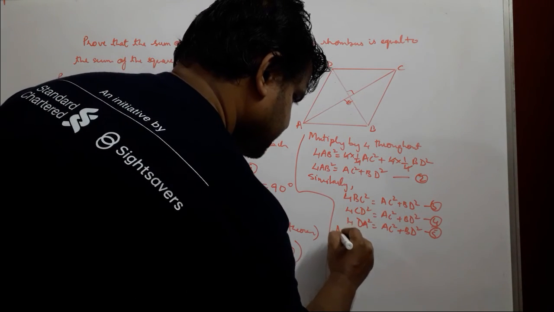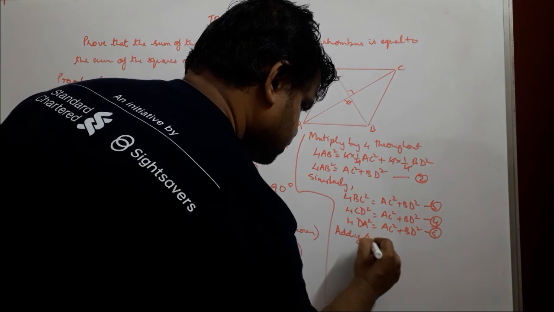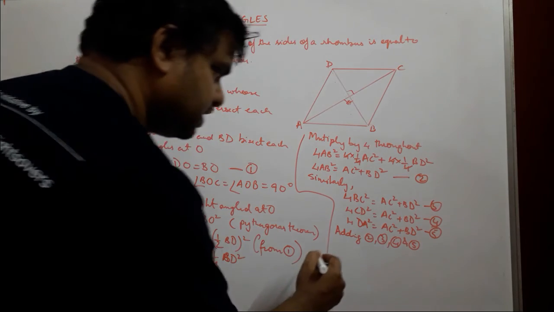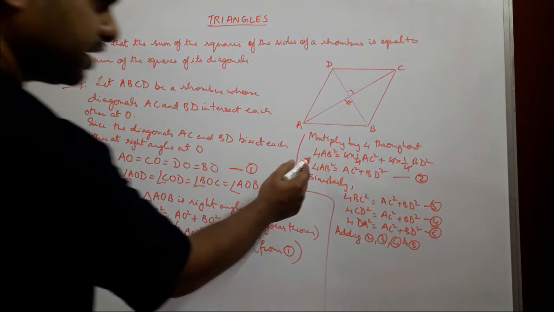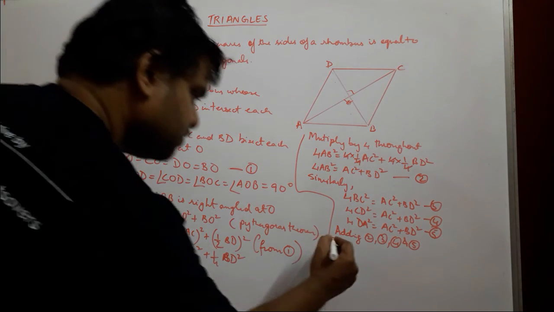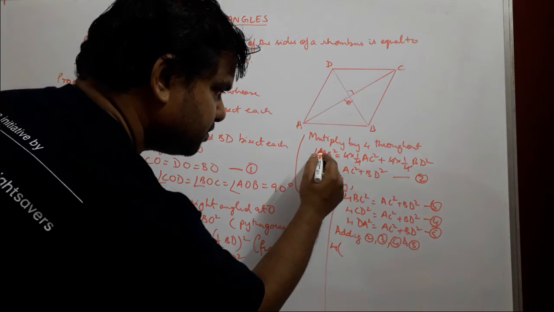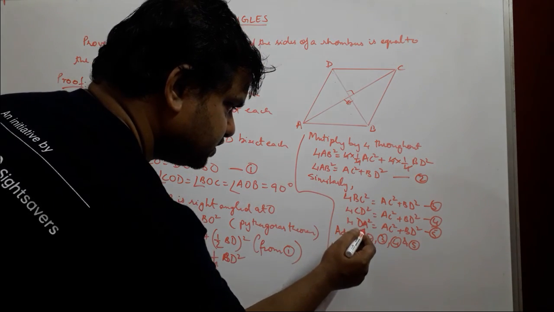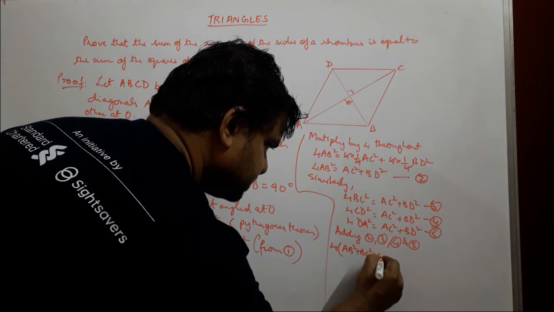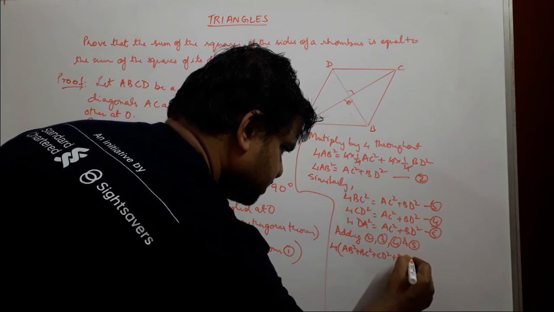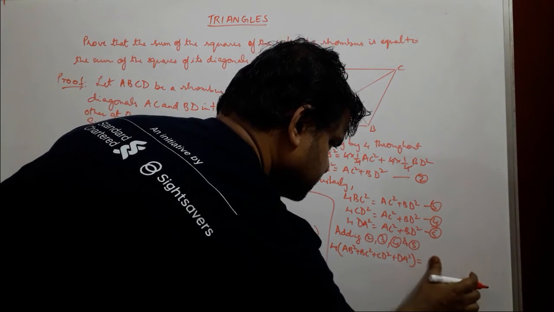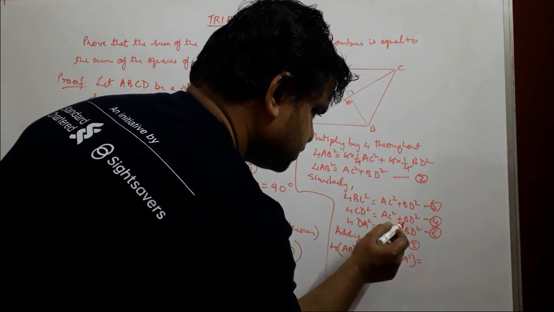what we can do is adding 2, 3, 4 and 5. What we'll get? Okay, we'll have to add up all of them, and we'll get 4. I'm just taking common because there's 4 AB square, 4 BC square, 4 CD square. So I'm just taking 4 common. So we'll get AB square plus BC square plus CD square plus DA square equal to 4 times, because there's 4 times, 1, 2, 3 and 4.